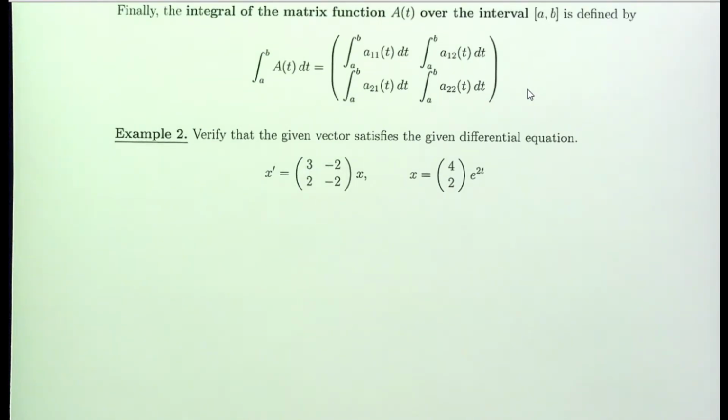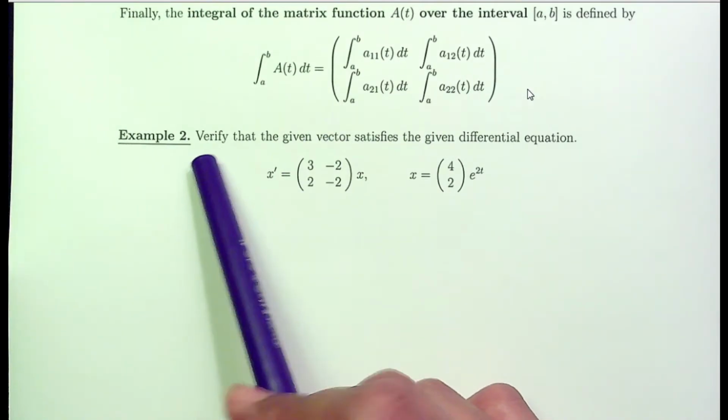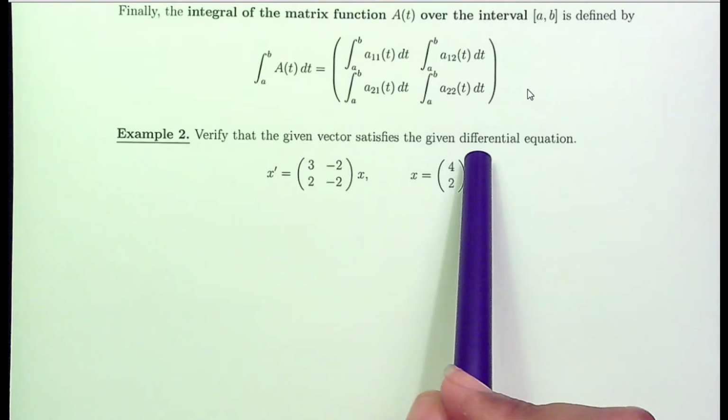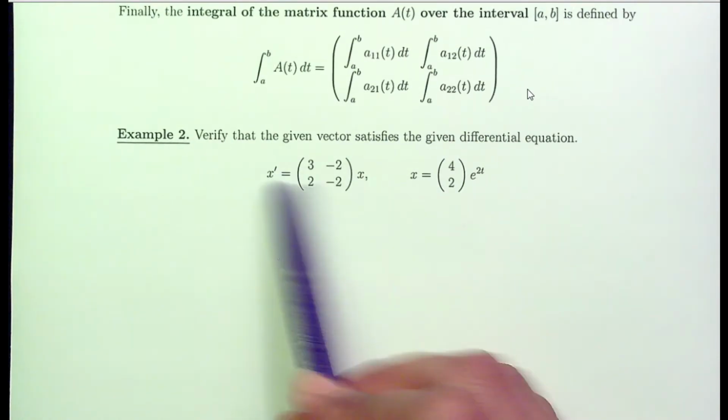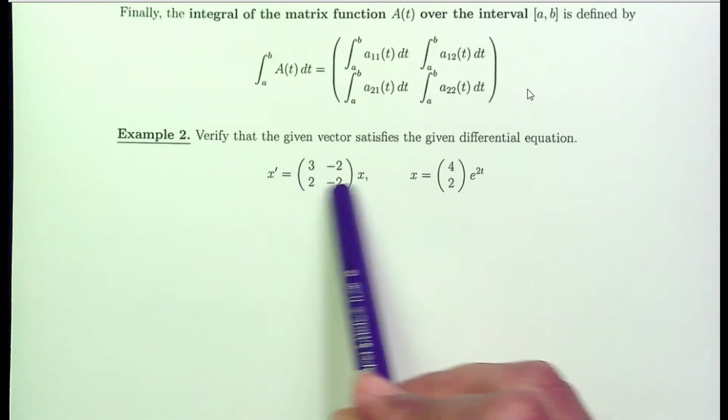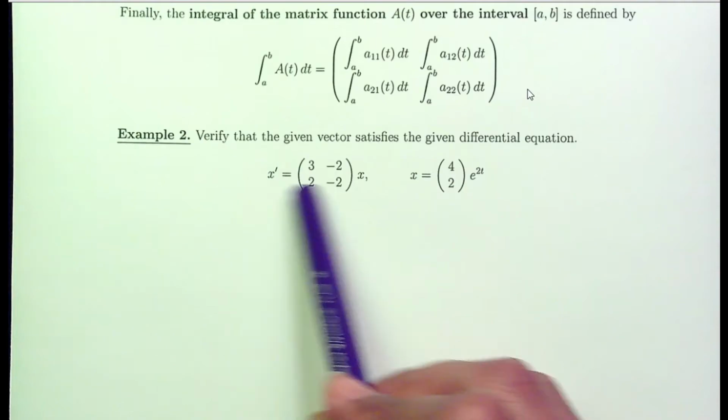All right, so since you can talk about derivatives of matrices and vectors and all that, you can also then talk about differential equations involving matrix functions and vector functions. This example says, verify that the given vector satisfies the given differential equation. Basically you have this differential equation right in here. It is a derivative of this matrix equals this matrix times that. So that's a legitimate differential equation.